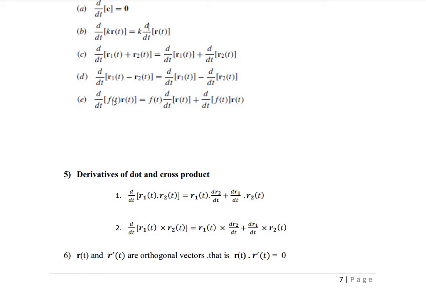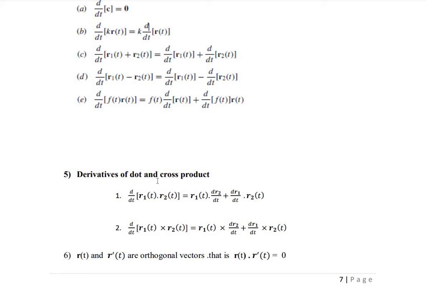Then derivative of f of t times r of t will be equal to the first function f of t, a real valued function, times derivative of the vector valued function r of t, plus derivative of the real valued function f of t times vector valued function r of t.